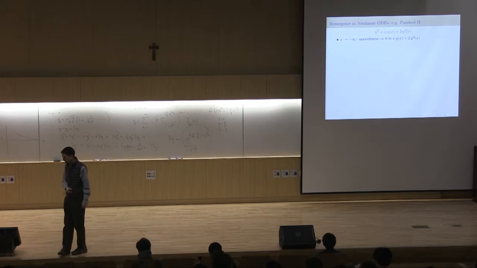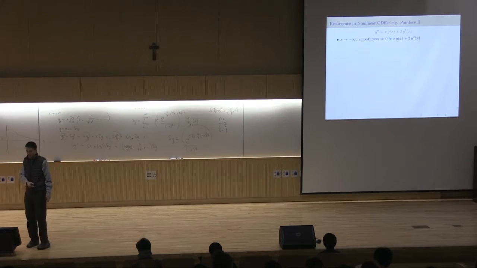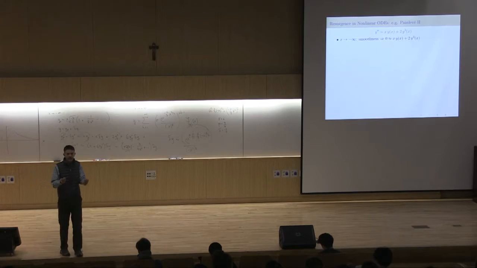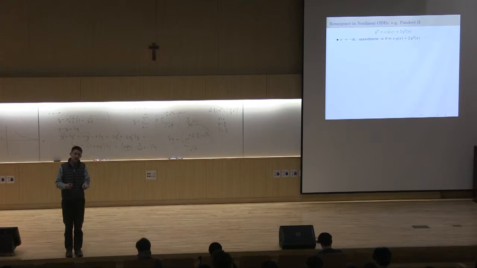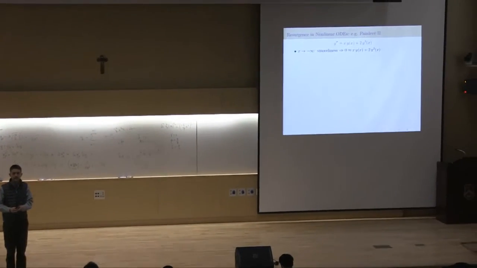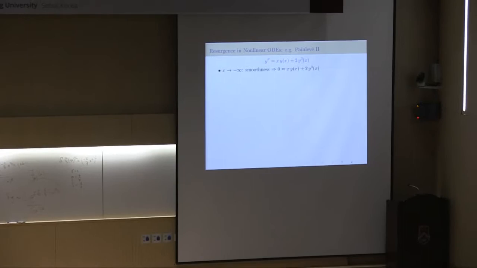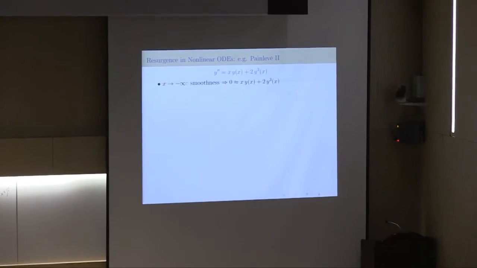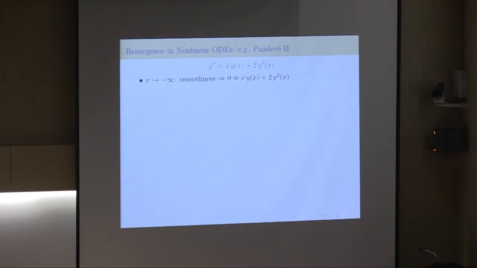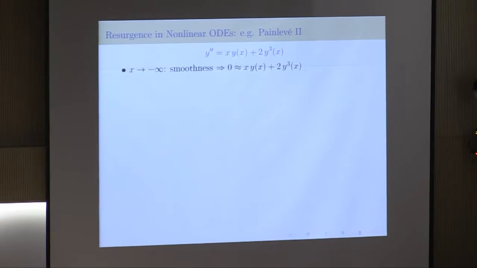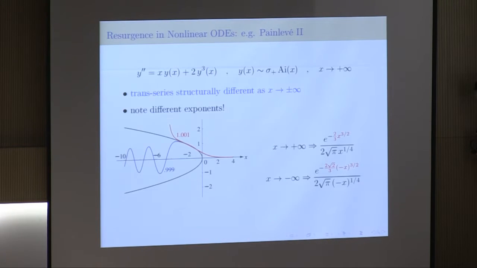No, it's actually a general feature of differential equations that the way you generate logs in these differential equations is by tuning parameters to have resonances between the different saddles. And in this particular example, there isn't such a resonance. So this is not a property of the differential equation, this is a feature of this particular differential equation that you won't see logs. Okay? So this is the first example of a Transseries structure coming from a nonlinear equation. I wanted to keep it relatively simple to start off.